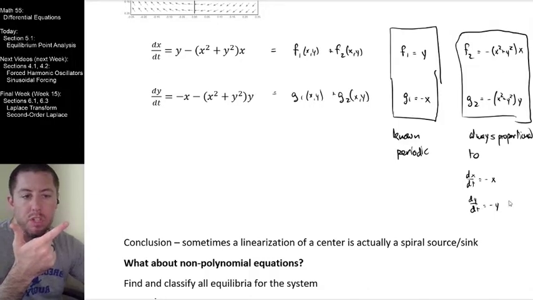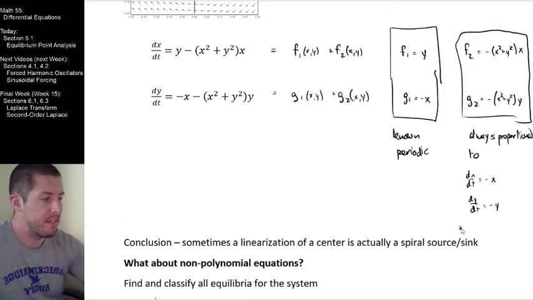So we're always going to be proportional to this, which is going to give us a sink, right?